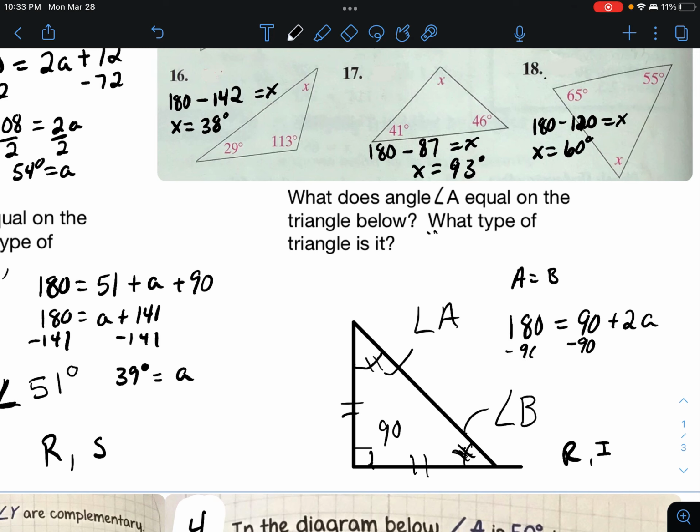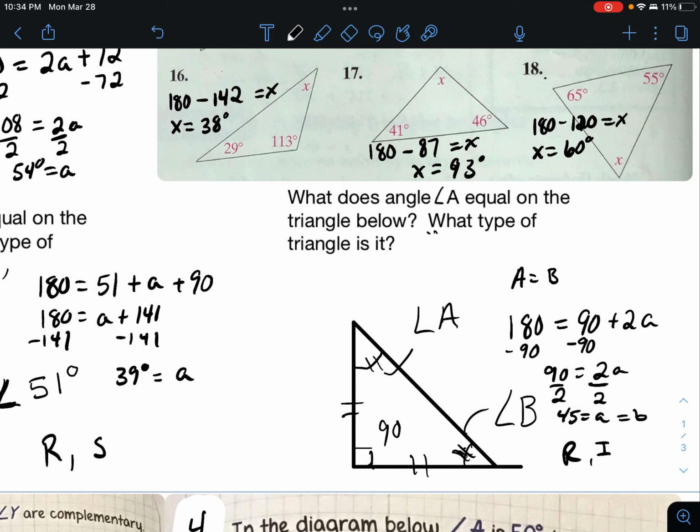Okay, we minus 90 from both sides. That leaves us with 90 is equal to 2A. So then we're trying to find out what 1A equals, so we divide by 2. You're going to be left with 45 is equal to A, which equals B. So now angle A and angle B would both equal 45 degrees.